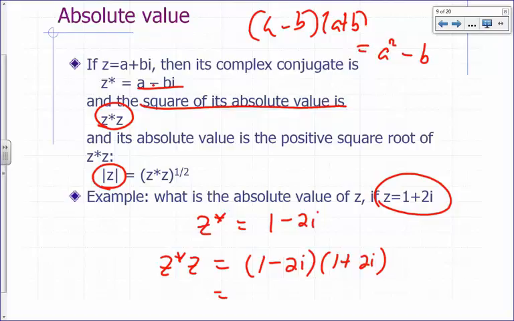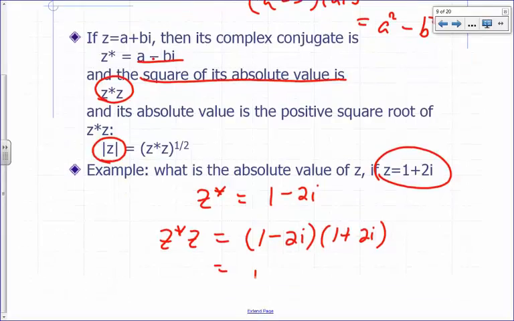A squared minus b squared, right? So here you have 1 squared minus 2i squared, right? So see, this is a, this whole thing is b, okay?